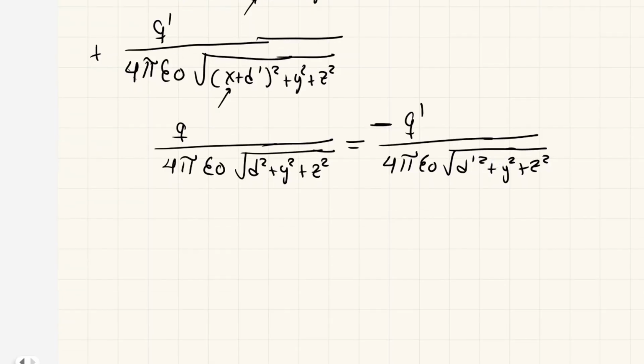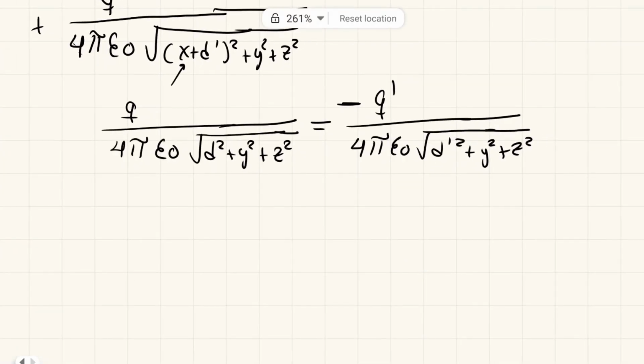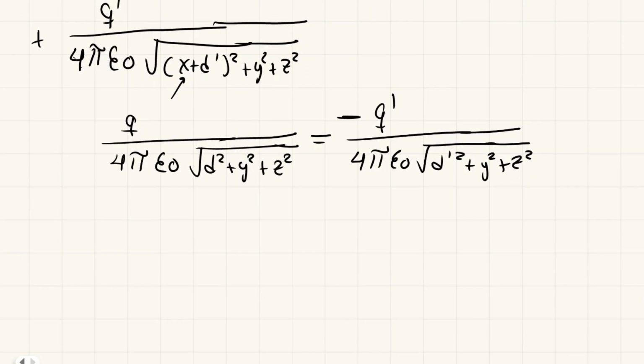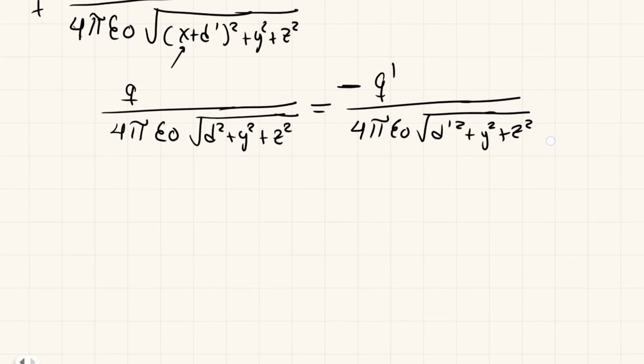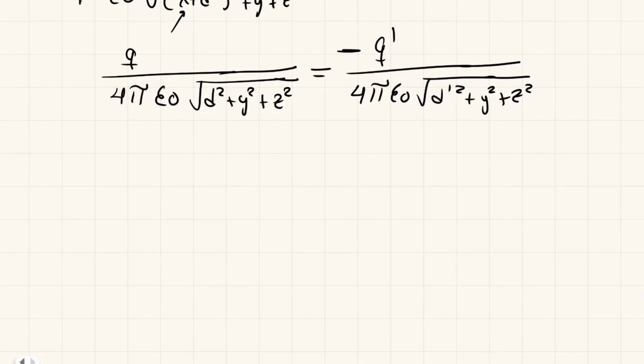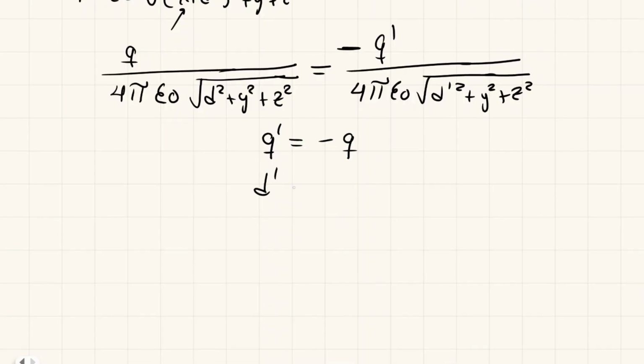Okay, perfect. In this case, remember that what we want to do is to find the value of q prime and d prime to make our new system of charges. So it is very easy to notice in this equation that the solution for q prime and d prime is just going to be that q prime is equal to negative q, and that d prime is actually d.